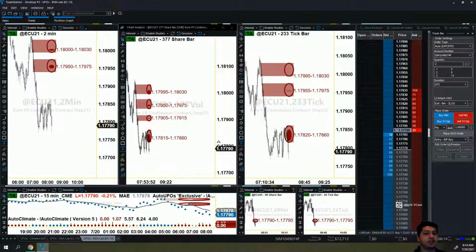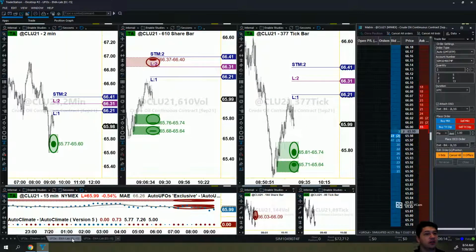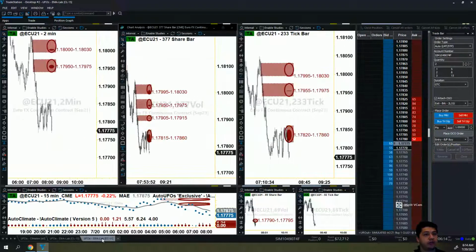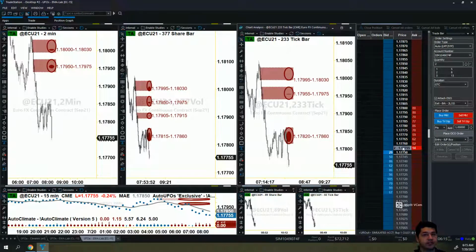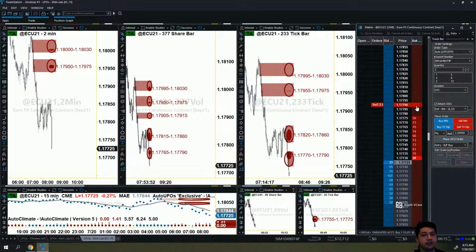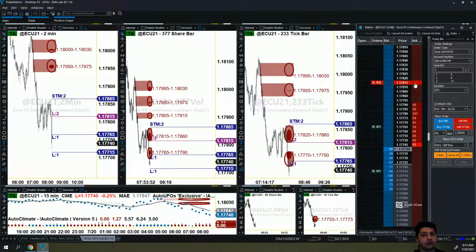So I would say if I was to bet on this, the crude oil trade will be out the window, and we will be looking at this euro trade, and it's already looking like it's moving 17,815. Hopefully we do get a retest on this. All right, 17,850. Yep, that's going to work right there. This is within the UFO.